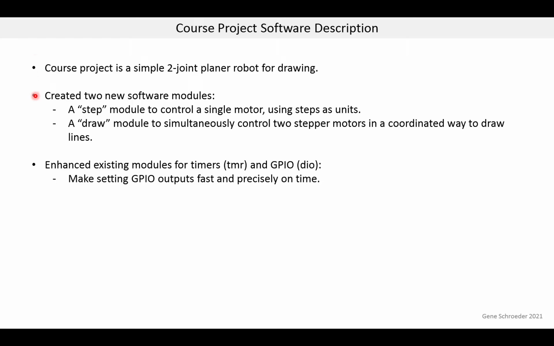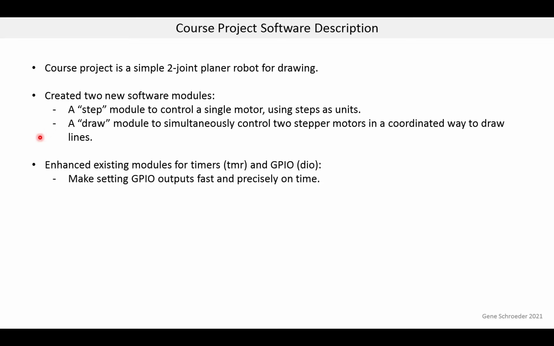So for this course, I created 2 new software modules. A step module that controls a single stepper motor using steps as units, and a draw module to simultaneously control 2 stepper motors in a coordinated way to draw from point to point on a Cartesian plane.